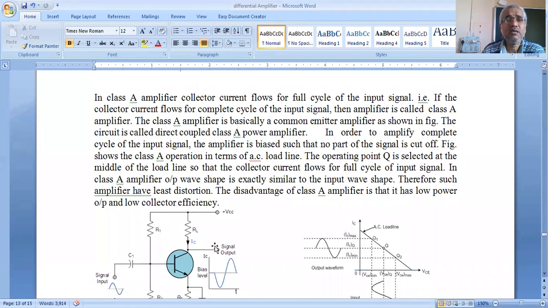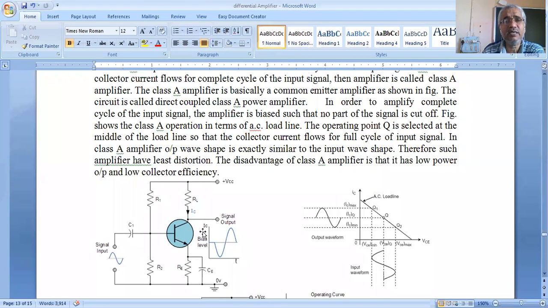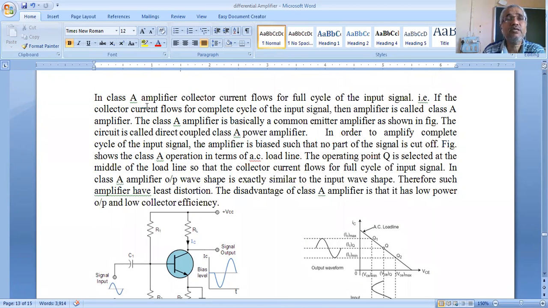So in class A amplifier, the collector current flows for both half cycles of the input signal, that is, for the positive half cycle and the negative half cycle. So in class A amplifier, collector current flows for full cycle of the input signal. That is, if the collector current flows for complete cycle of the input signal, positive half cycle as well as negative half cycle, then the amplifier is called the class A amplifier.